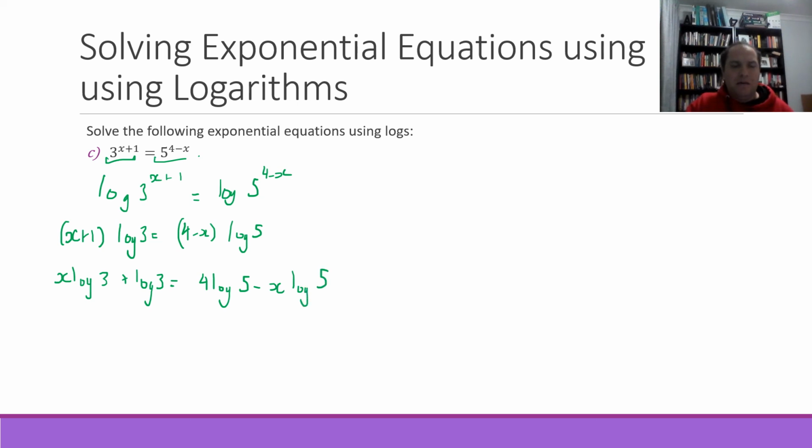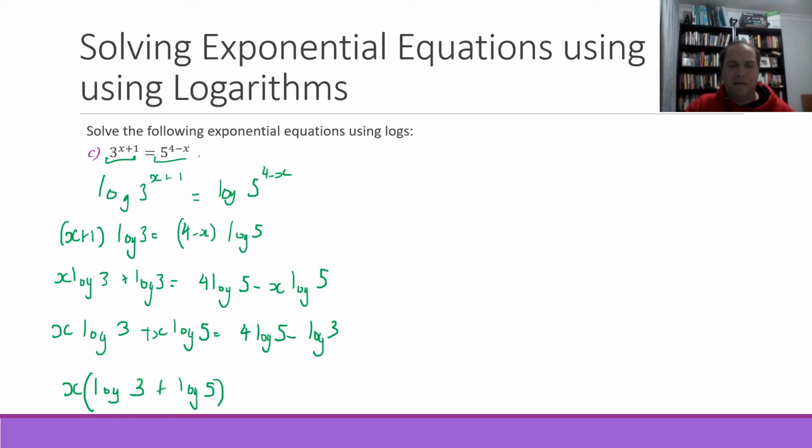Rearranging that, x log 3 plus x log 5 equals 4 log 5 minus log 3. So just moving all my unknowns to one side and all my constants to the other. That left-hand side we can factorize. So x out the front, of log 3 plus log 5, which actually equals x log 15.